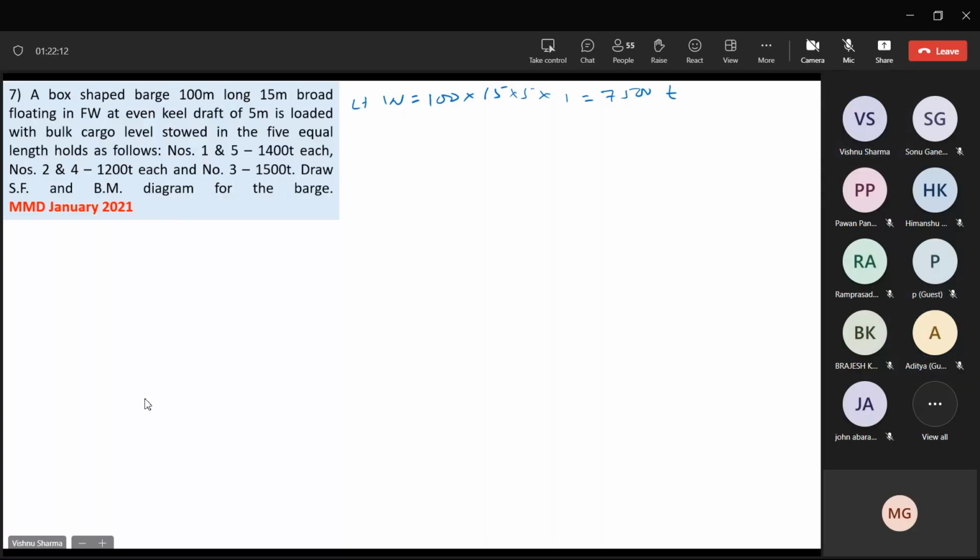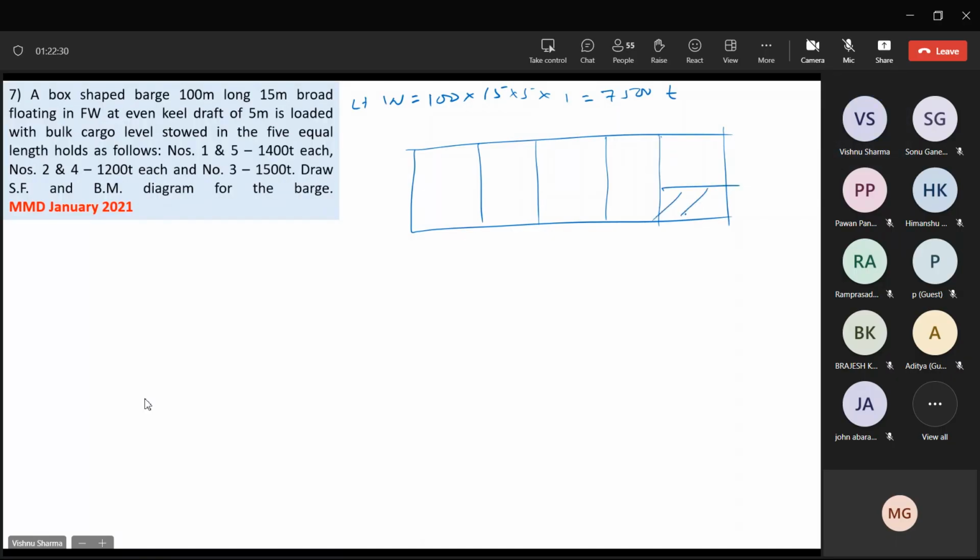It is loaded with bulk cargo stored in 5 equal length holds. Holds 1 and 5 are the same, 1,400. Holds 2 and 4 are 1,200. And this one is 1,500.